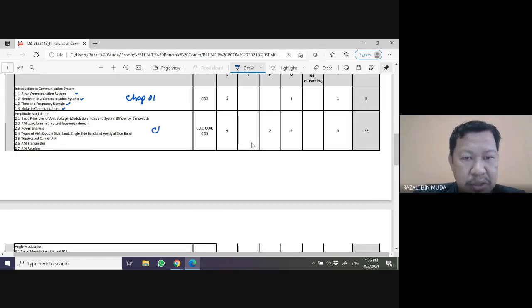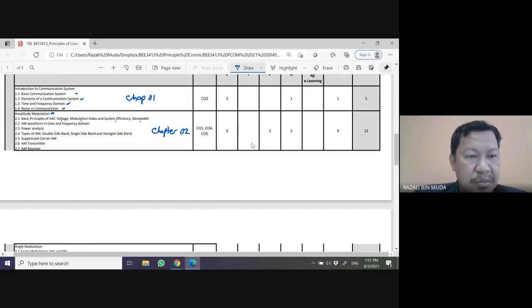Okay, this is chapter 2, amplitude modulation. So this is the real beginning of this course, where this chapter will cover 7 subtopics, which include basic principles of AM, amplitude modulation, voltage, modulation index, system efficiency, and also bandwidth.